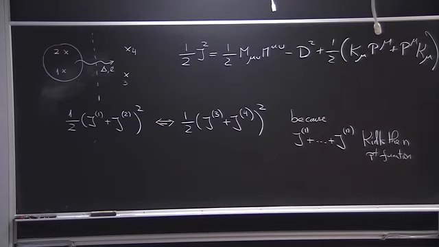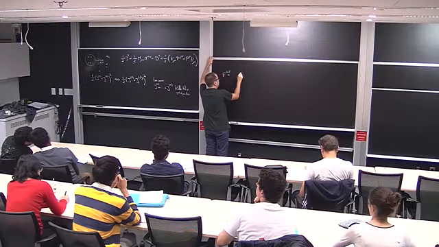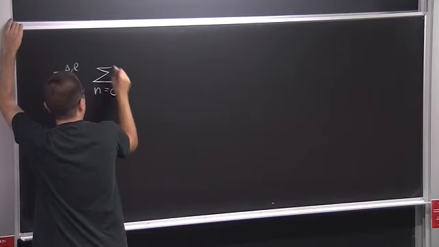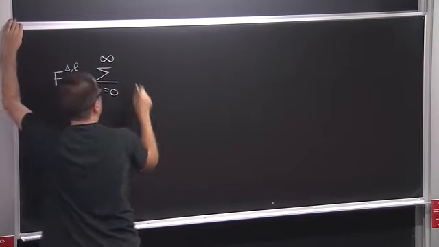So let me remind you what our conformal block was. For a given primary of dimension delta and spin L, this object was given by summing over the primary and all its descendants, right?